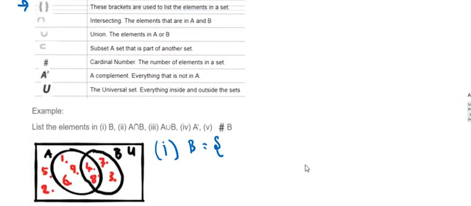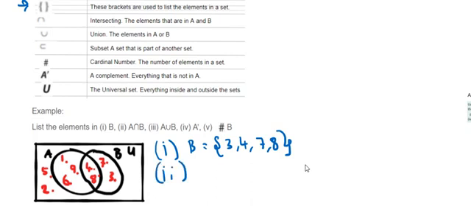I can see that the number 3, the number 7 are both in B, but also the number 4 and the number 8 are in B because they're within the B circle. So that B circle, everything within that circle has to be in B. So elements of B are 3, 4, 7 and 8, and then I'm closing my brackets again. So that's the first one answered. That's just the elements that are in B.